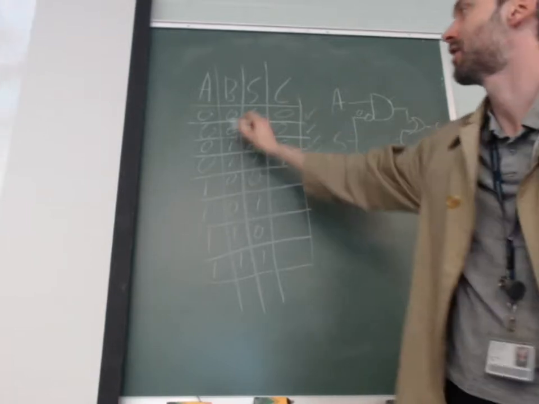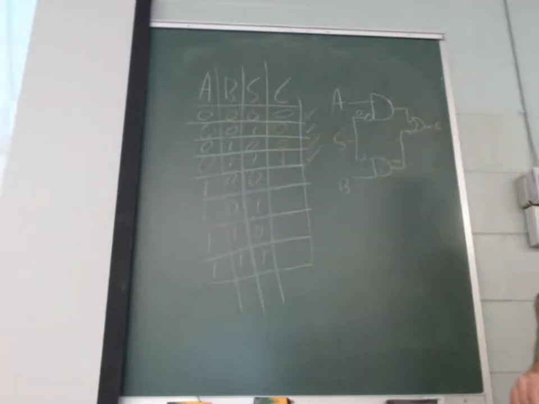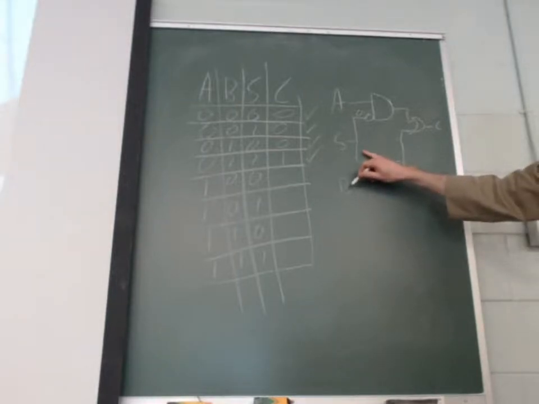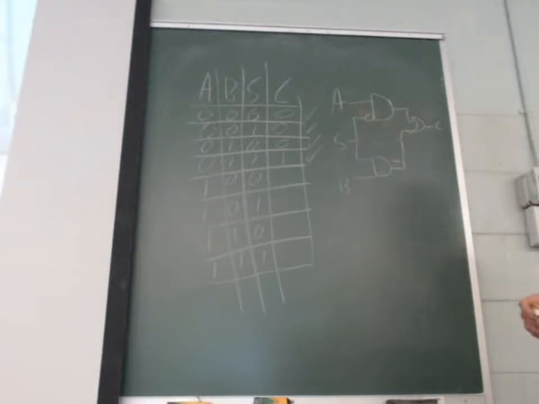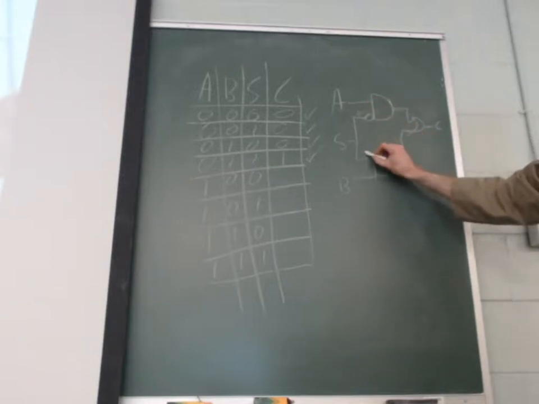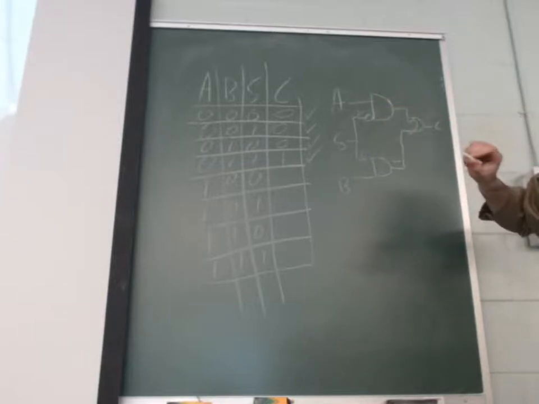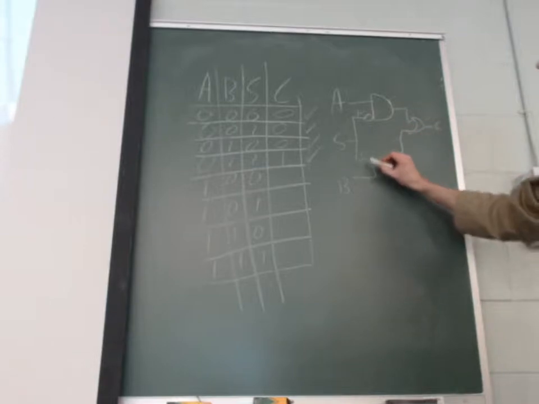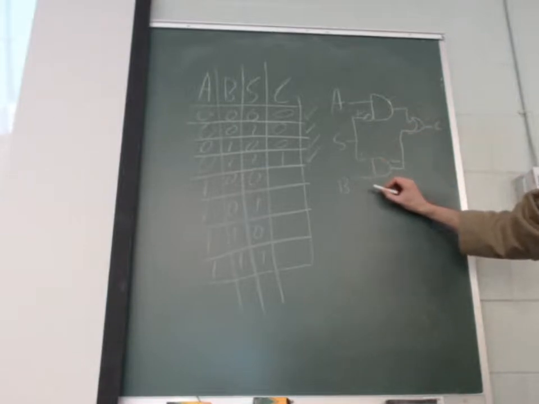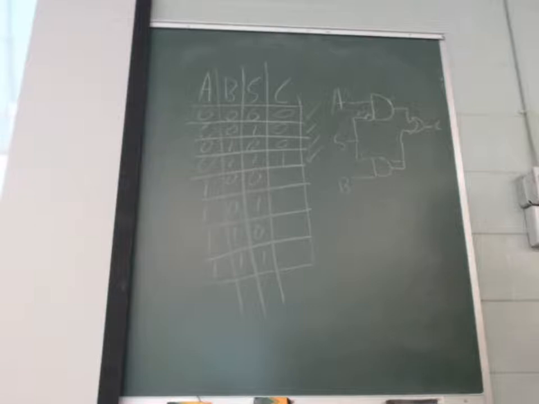In other words, this column needs to match whatever's being selected over here for this mux to be correct. Okay. S is now 0, so we got a 1 up here and a 0 down here. A is 1, so 1 and 1 is 1. And then 0 and 0 is 0.